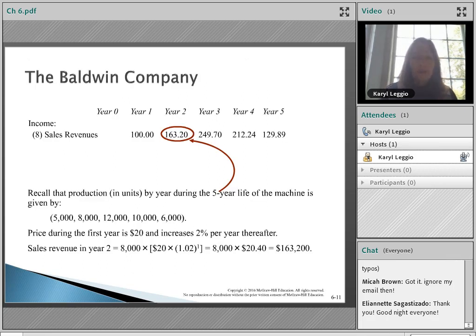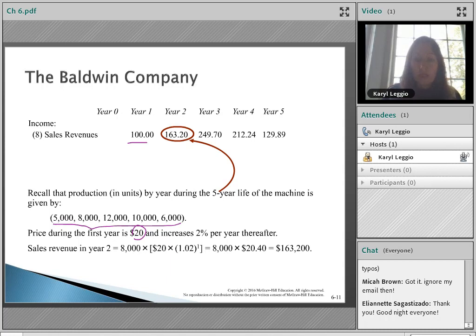And when we do that, remember, here are our sales figures each year, and they said that we're going to sell our product for $20 the first year. $20 times 5,000 is $100,000, so that's our first year. The next year, we're going to sell 8,000 units, and they're going to sell at $20 times a 2% markup, or $20.40.